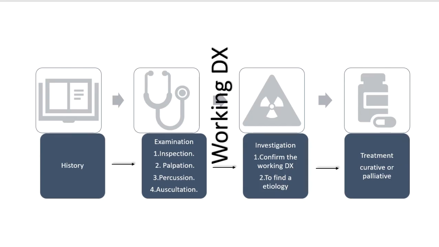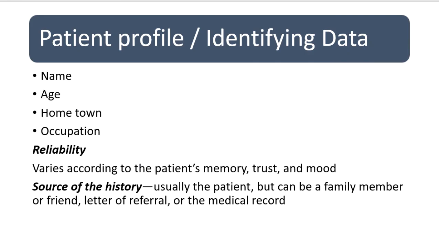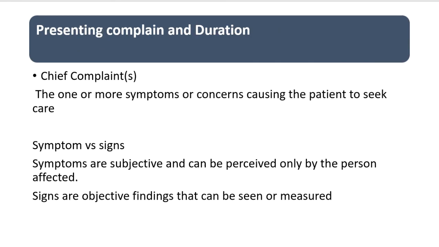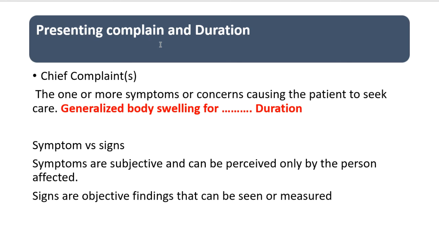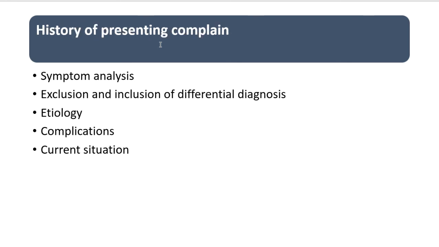Then the skeleton of the history. First the patient profile, then the presenting complaint and duration. Don't forget the duration. Then comes the history of presenting complaint, in which you have 5 things: symptom analysis, exclusion and inclusion of differential diagnosis, then the etiology, complications, and the current situation.